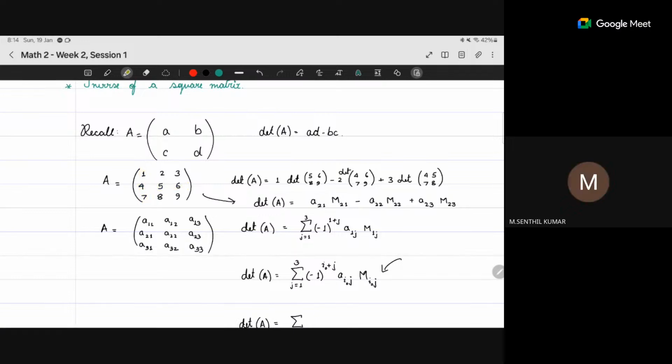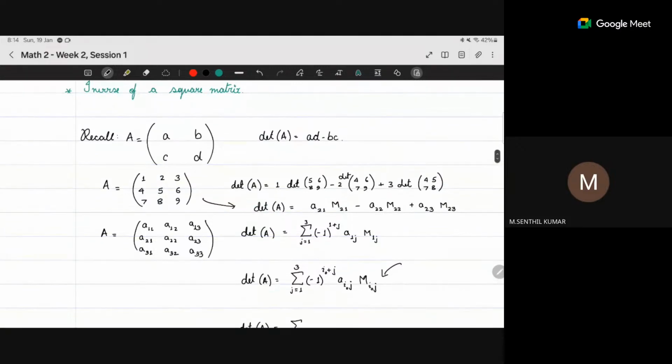Similarly, can I explain once again? So what have we done over here? We have done 1 times determinant of 5, 6, 8, 9. How did you get that term? You looked at 1, you deleted the row and the column corresponding to 1.